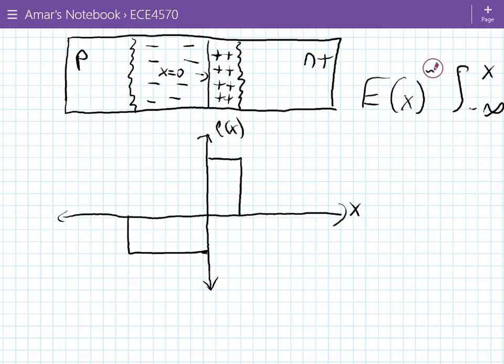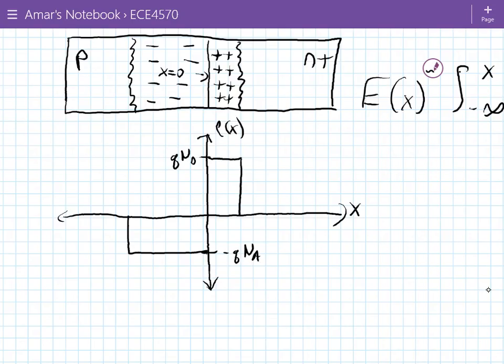What we assume is that once the depletion region ends, the charge density immediately goes to 0, like a step function. In reality, there's going to be a little bit of curvature, not a straight drop-off, but this is a good approximation. The value here is Q times ND, and the value here is negative Q times NA.